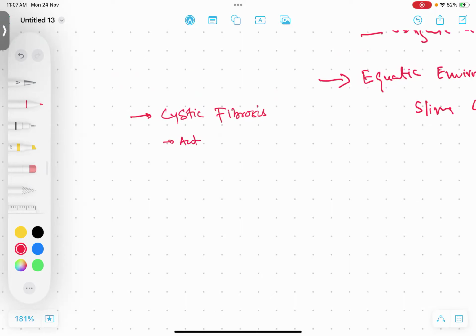CFTR. Mutation of CFTR, the cystic fibrosis transmembrane conductance regulator gene, right?